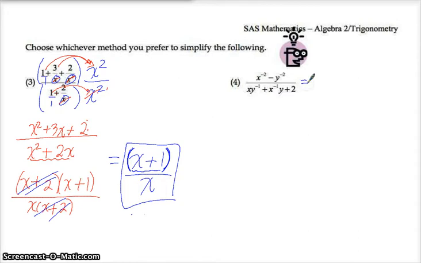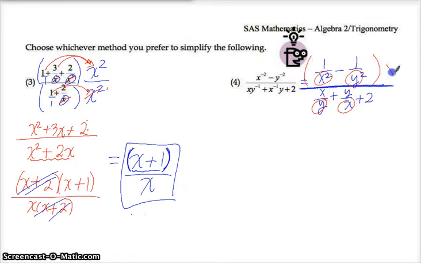Okay, number 4. The first thing you have to do is get rid of those negative exponents. So I'm going to do that first. So I get 1 over x squared minus 1 over y squared, divided by, here's my big fraction bar, x over y plus y over x plus 2. Well, if I look at all my denominators, I can see that my least common denominator is going to be x squared y squared.